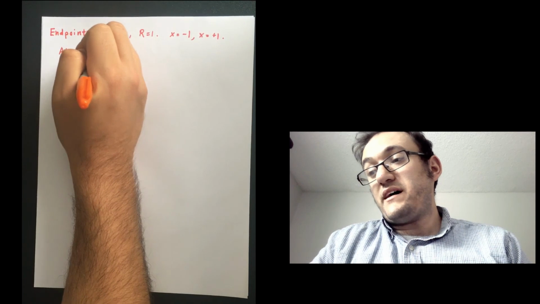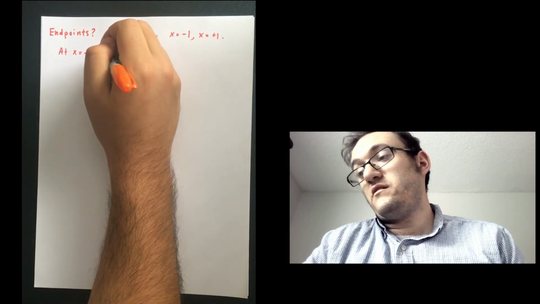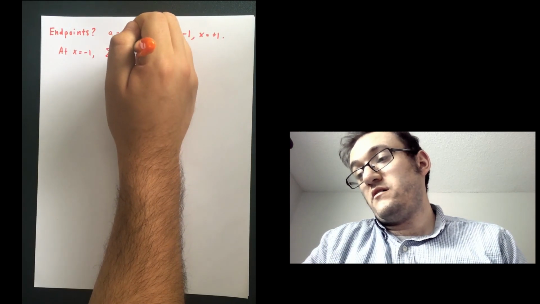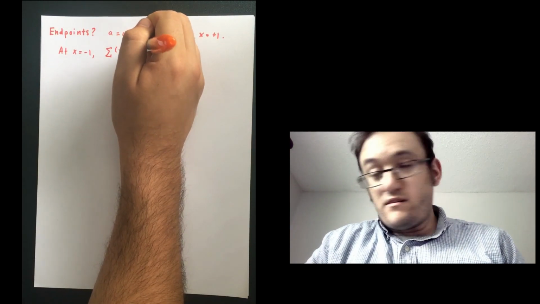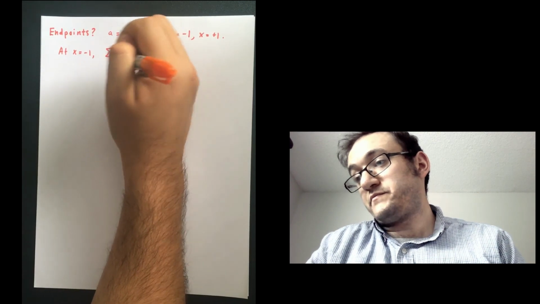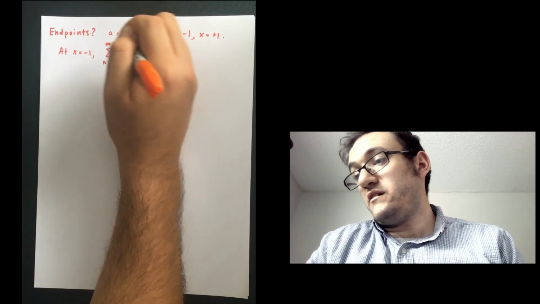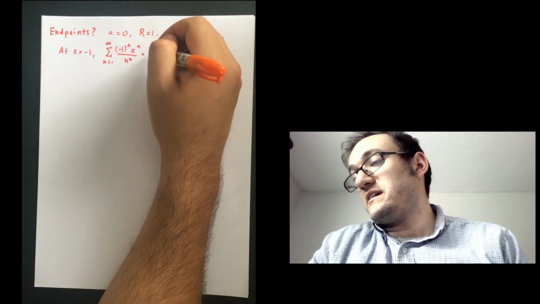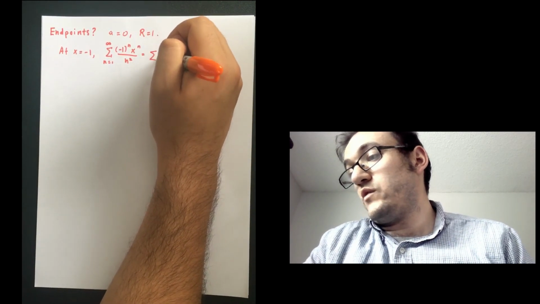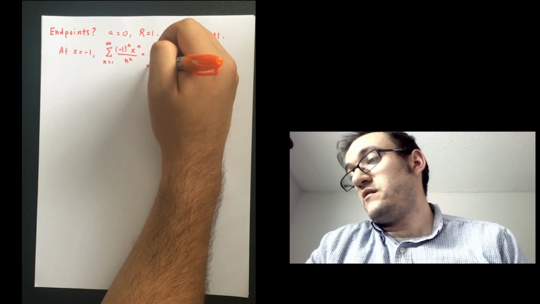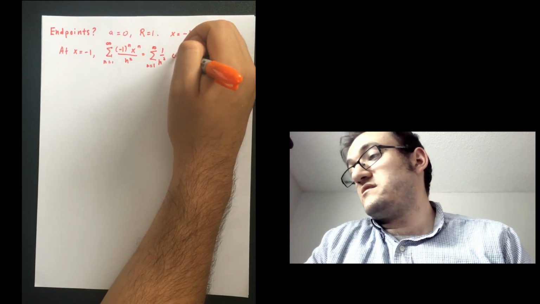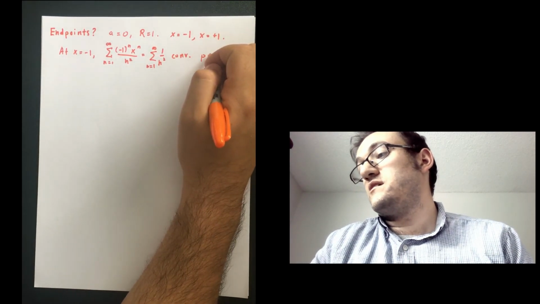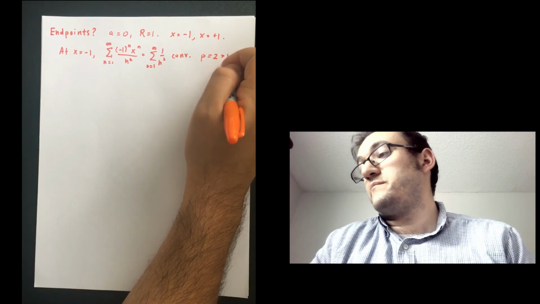At x equals minus 1, we have the series minus 1 to the n times x to the n over n squared, where n goes from 1 to infinity. Minus 1 to the n times minus 1 to the n is 1, so this is 1 over n squared. And this is convergent as a p-series because p equals 2 is greater than 1.